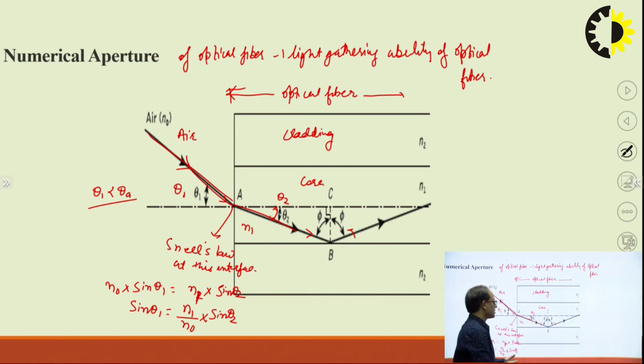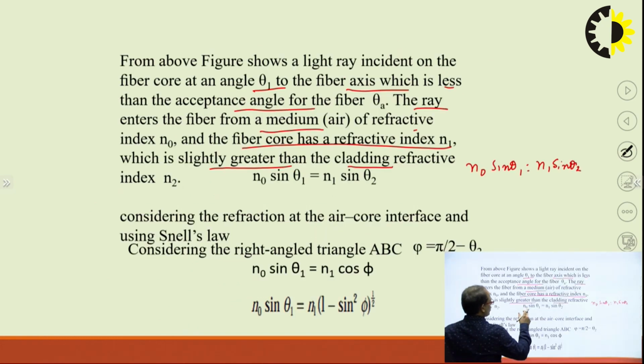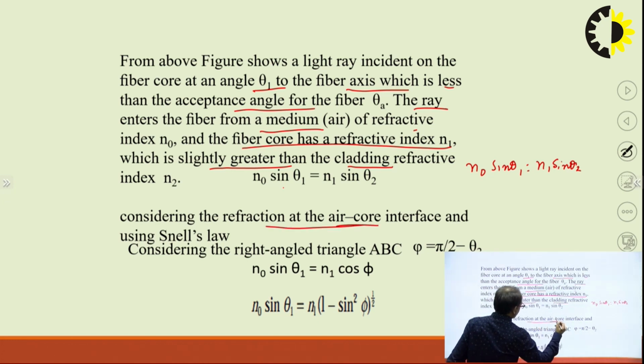And this ray, making an angle of theta 2, strikes at the core cladding interface, and this definitely will make an incident angle greater than the critical angle, so this ray will get reflected back into the same medium. So we have n naught into sin theta 1 equal to n1 into sin theta 2. Now considering the refractive index at the core interface, consider the triangle ABC.